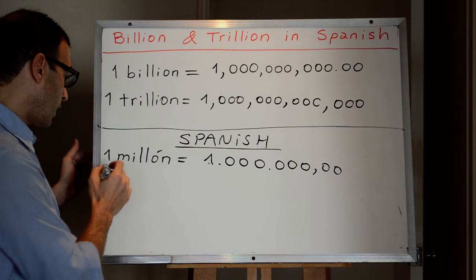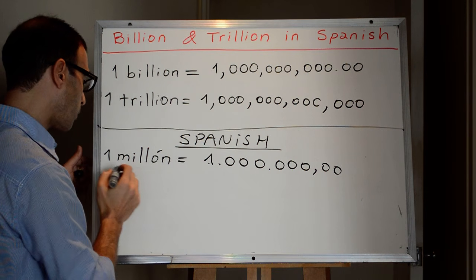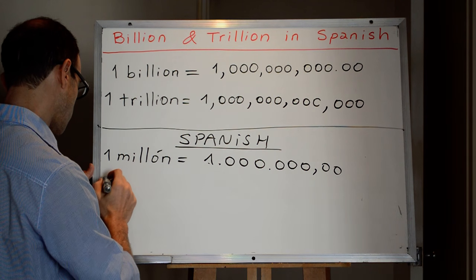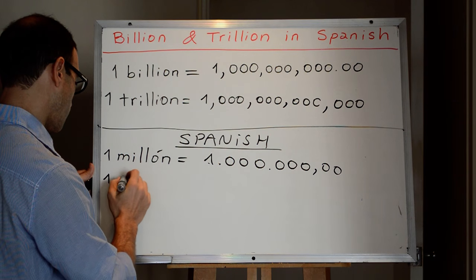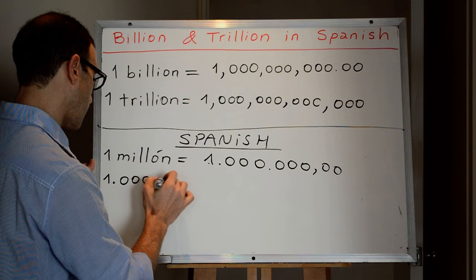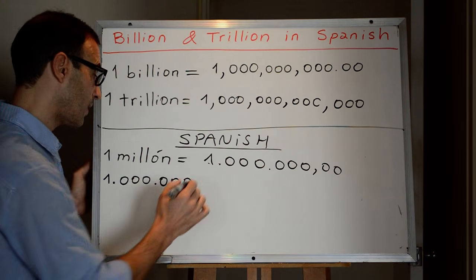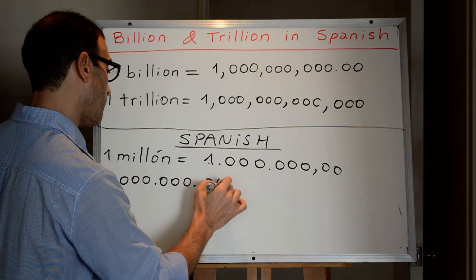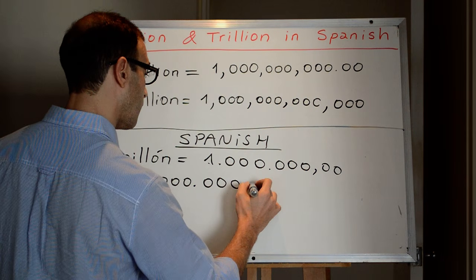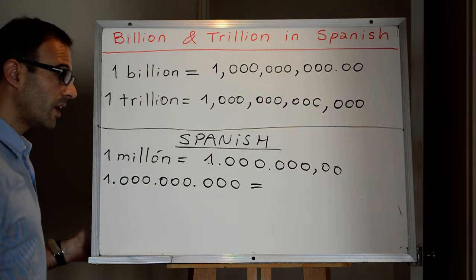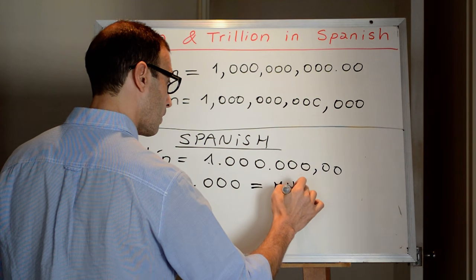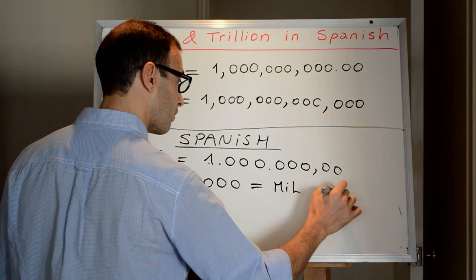Now, if we add 3 more zeros, look what happens. Here we have the thousands, now we have the millions, now we have the billions in English, right? However, this is mil millones.